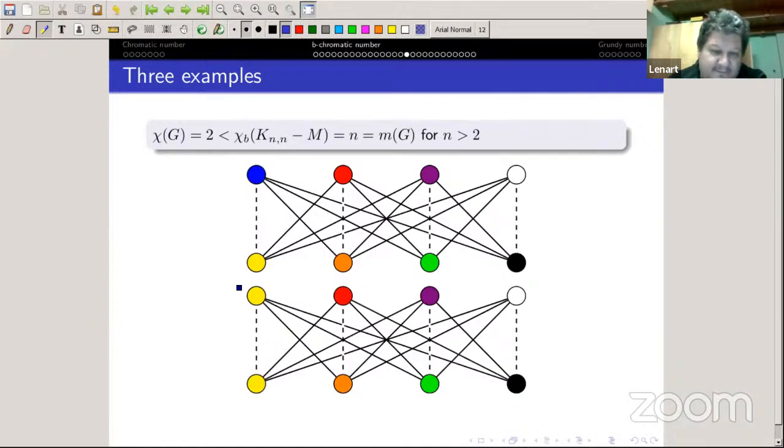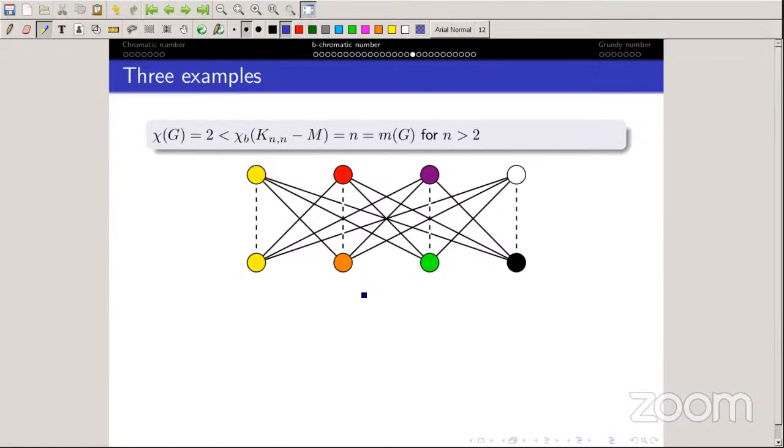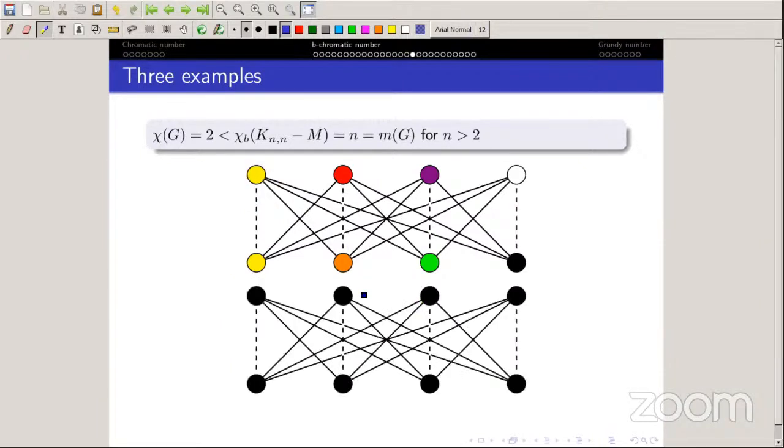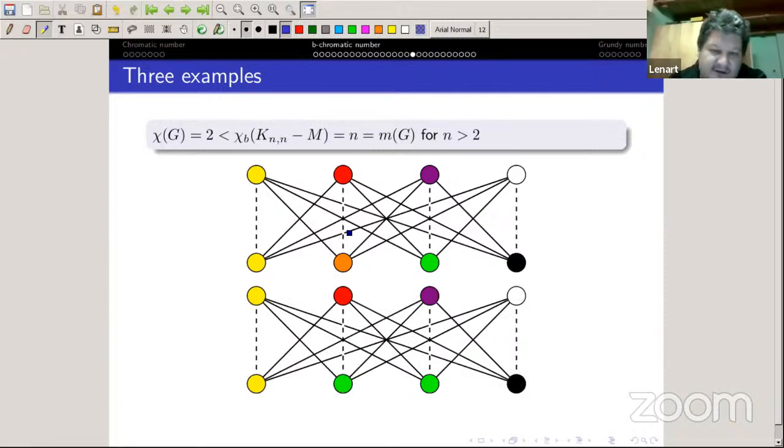Okay, we can have this. So this blue is not a B vertex, and it can be recolored, say, by yellow. Okay, if we continue like this, orange is not a B vertex, it does not have green, so it can be recolored by green. Then this again gives a 2 coloring.